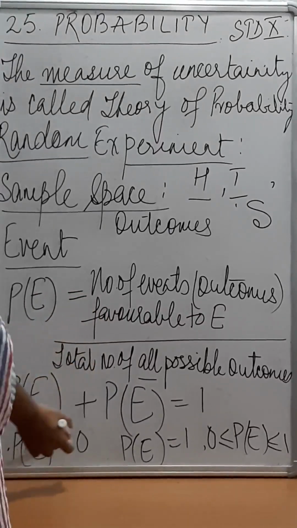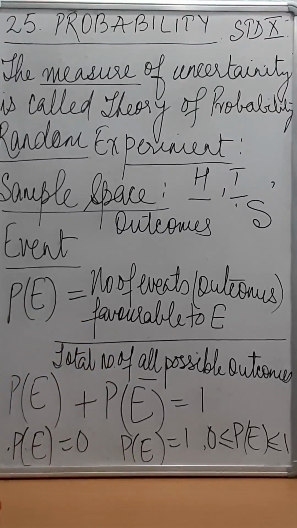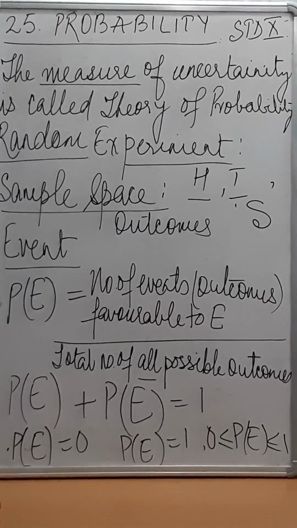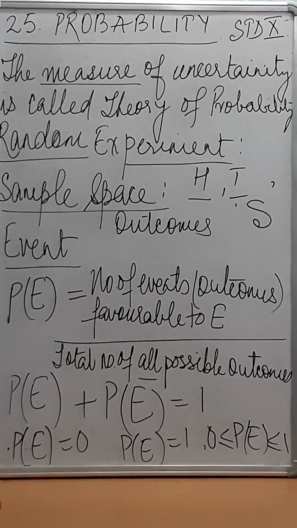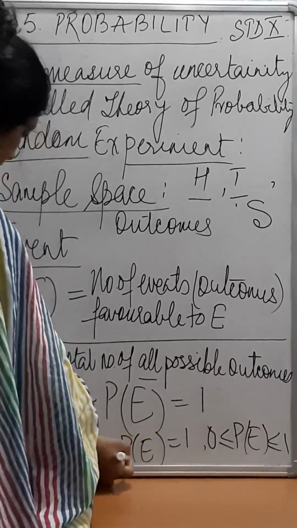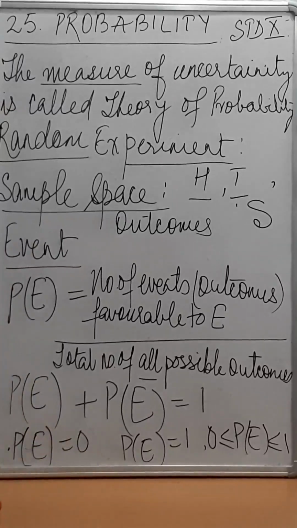So the probability of such an event will be 0. And in the single throw of a die, the probability of getting a number less than 7 is 1, which is called a sure event. This is called an impossible event.